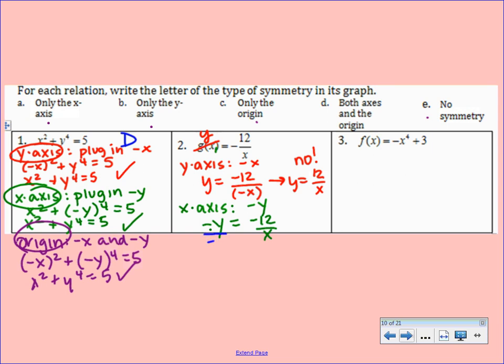A negative divided by a negative is a positive, good. And dividing by 1 doesn't change anything. So when I divide this by a negative 1, all it does is change it to a positive. Is that exactly the same as what we started with? Nope.